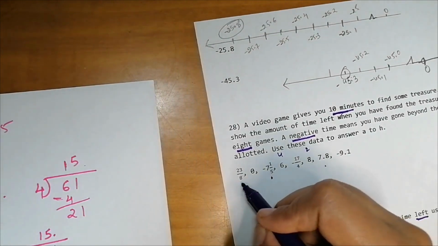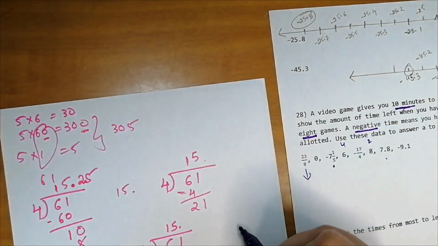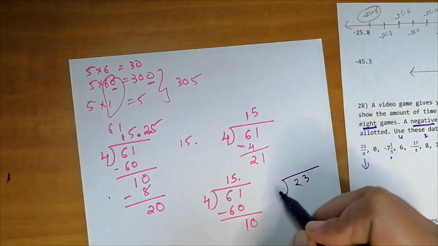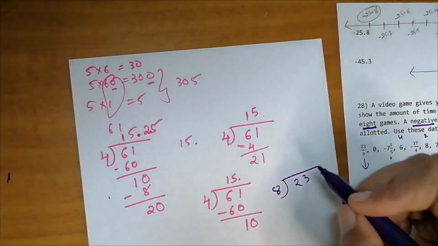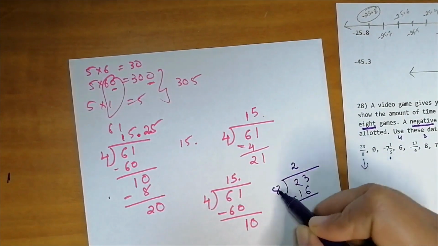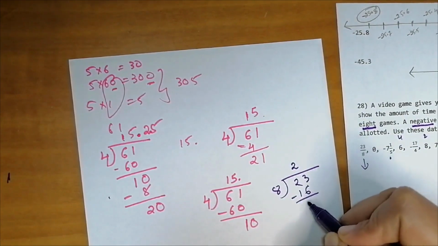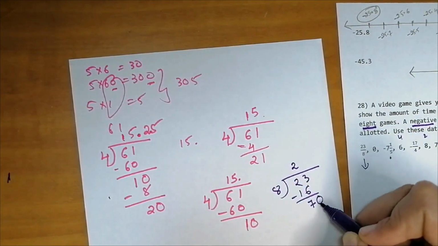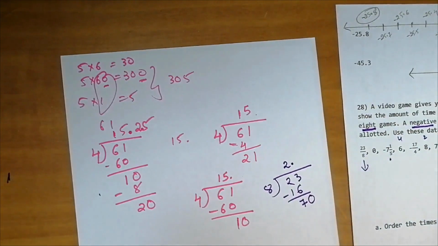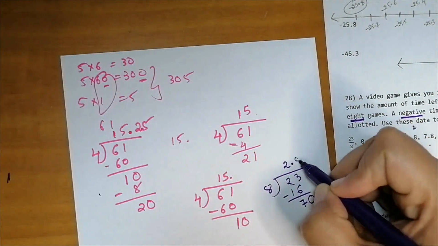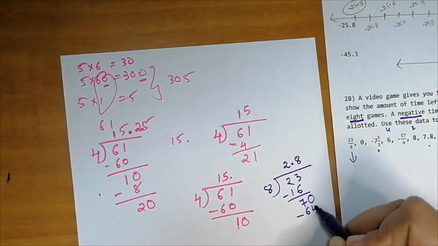So 23 by 8. Let's divide it here, okay? So 23 divided by 8, right? 8 times 2 is 16. You're left with 7, then 0. Now we're putting 0, right? So we'll put a decimal point here. So 8 times 8 gives us 64.